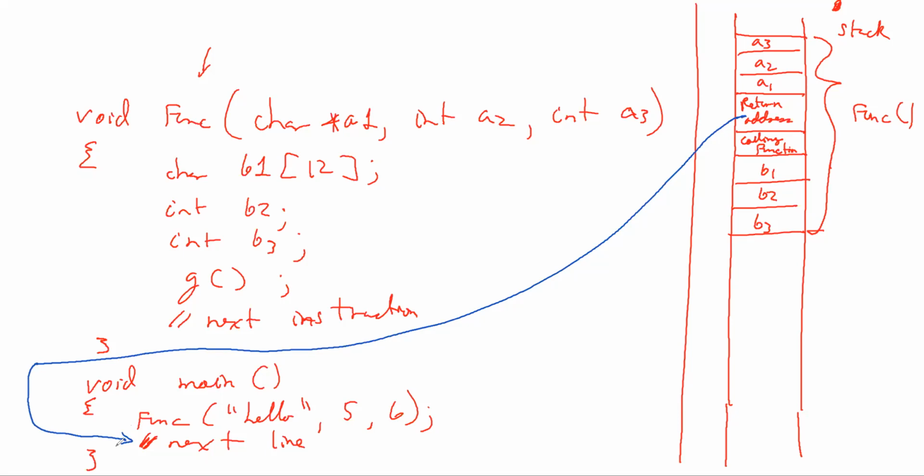Now, the function that called this is main. So you can see that it points like that. Okay, very good. Actually, let's use different colors for the different frames.